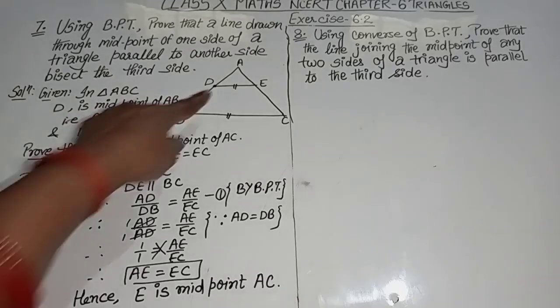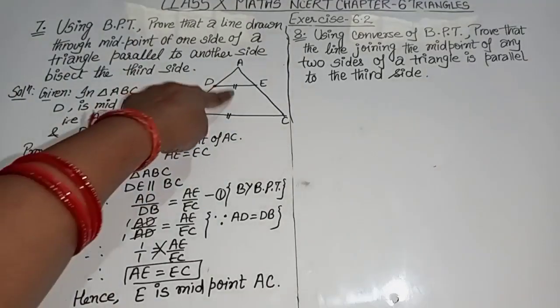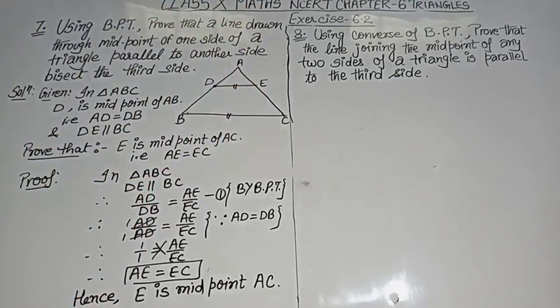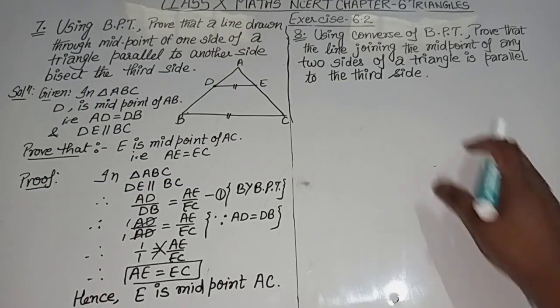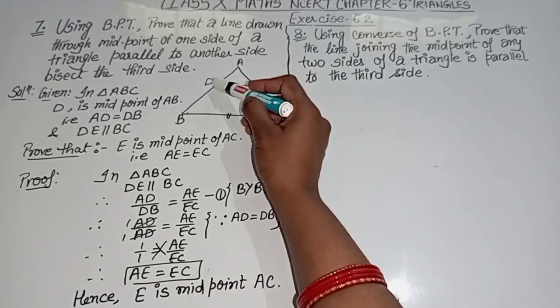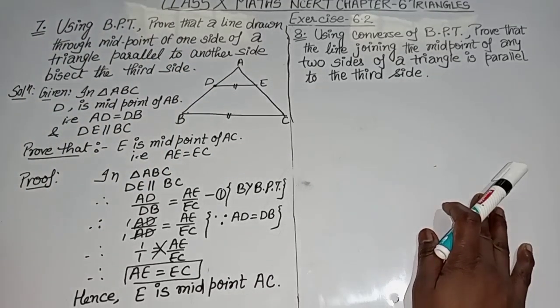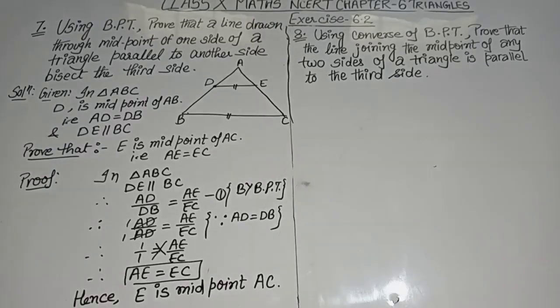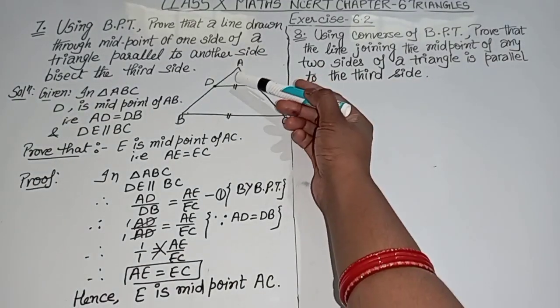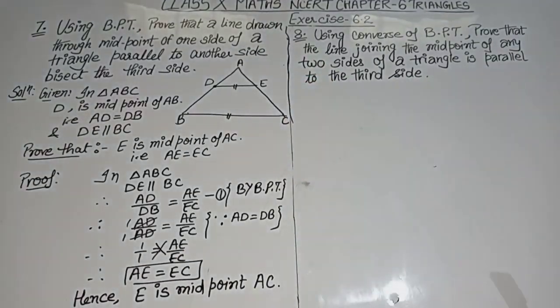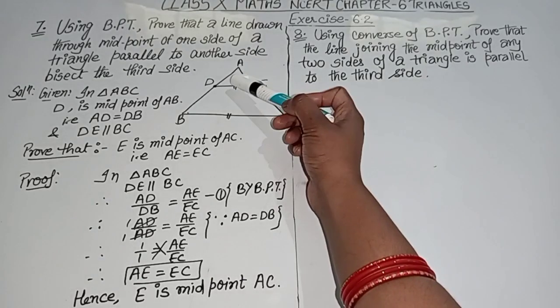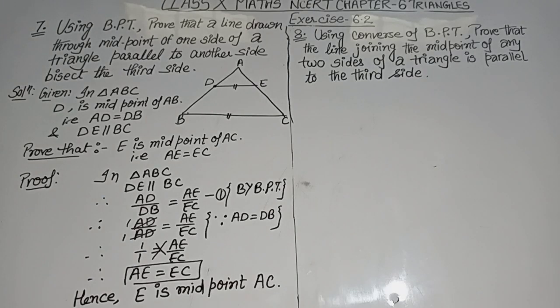In question 7, if D is a midpoint and DE is parallel to BC, then E is also a midpoint. And question 8 says if D and E are both midpoints, then DE is parallel to BC.